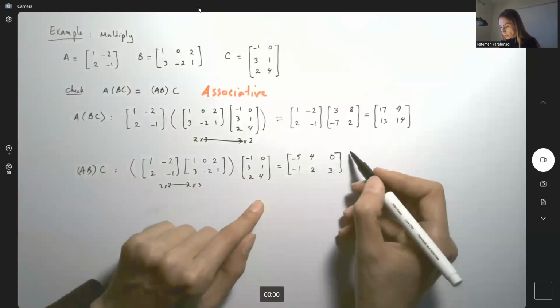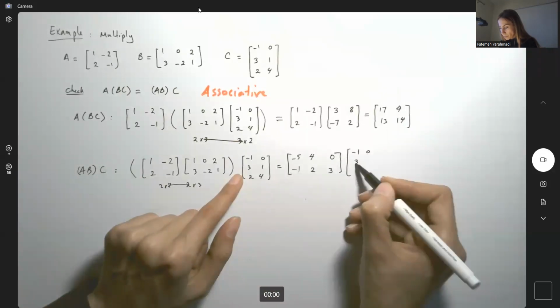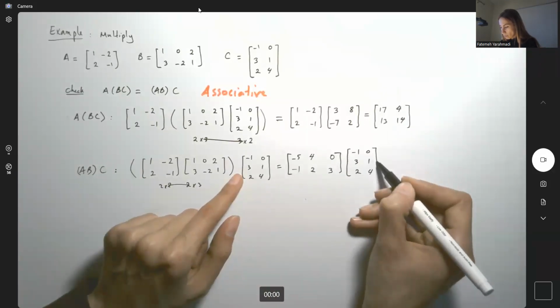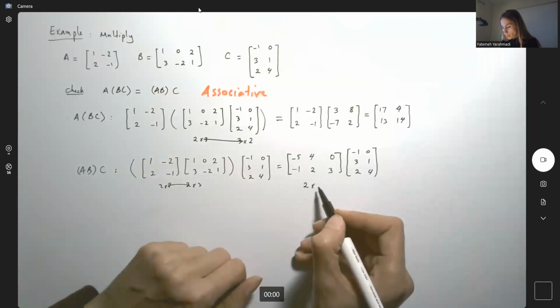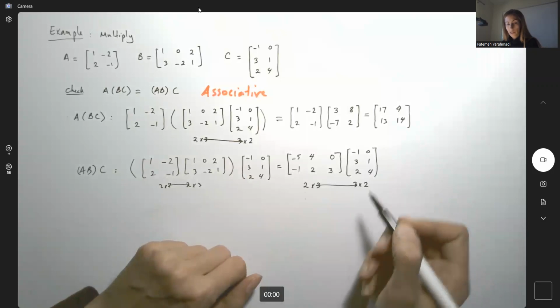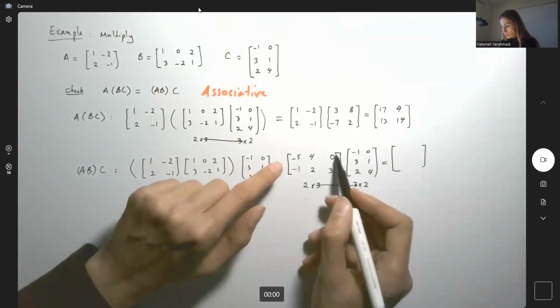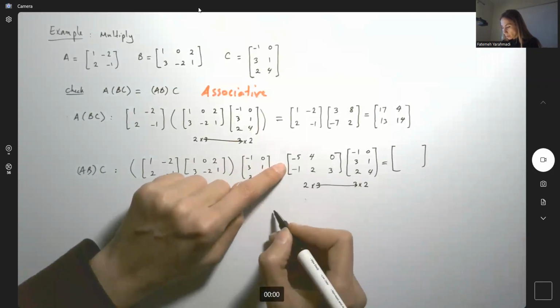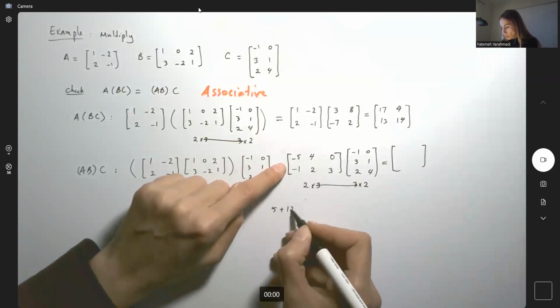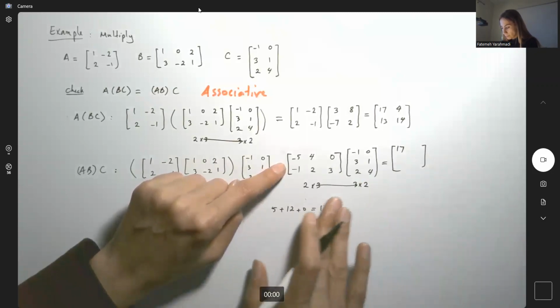Now we're going to multiply this matrix by [-1, 0, 3; 1, 2, 4]. A 2 by 3 matrix and a 3 by 2 matrix. So we expect to get a 2 by 2 matrix. Let's see. The very first row and the first column, we get 5 plus 12 plus 0, which is 17.